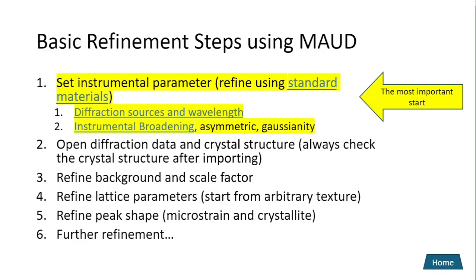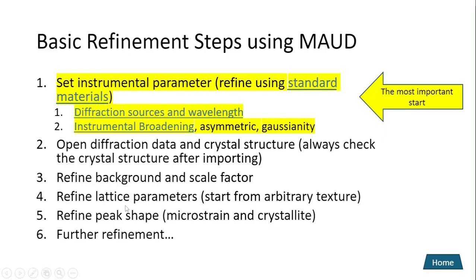Okay, so after you set the instrumental parameters, secondly you open the diffraction data, and also you import the crystal structure. A crystal structure in a zip file is the easiest way to do it. And then you refine the background and the scale factor, and then you refine the lattice parameters.